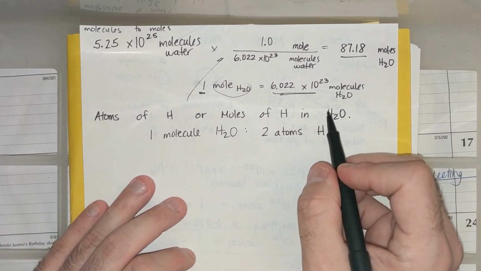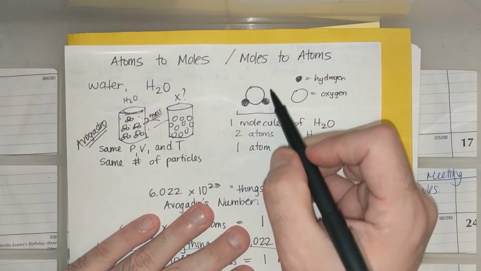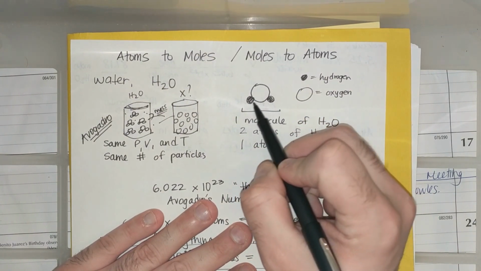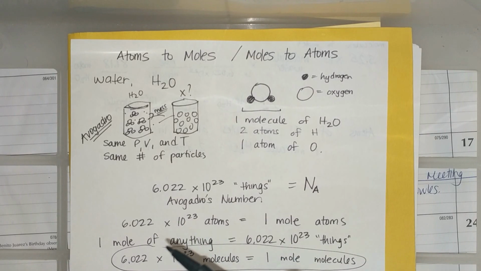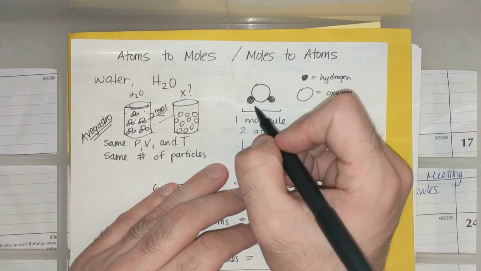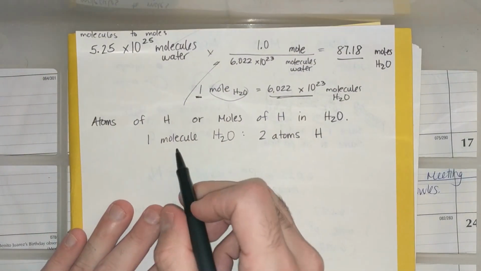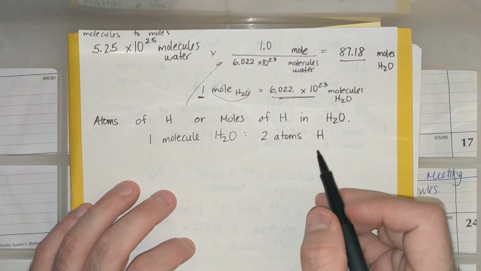Convince yourself that that makes sense. If we go back to our particle diagram, if I have one molecule of H2O, I have 2 individual atoms of H. You could use those words interchangeably because an atom is part of a molecule. So for every one molecule of H2O, I have 2 atoms of H.